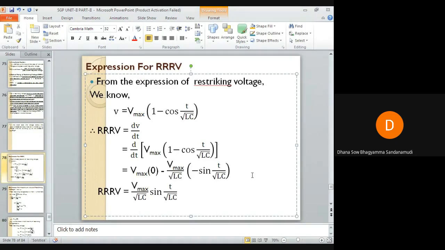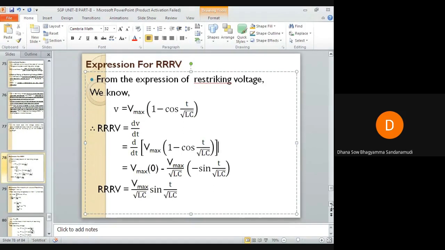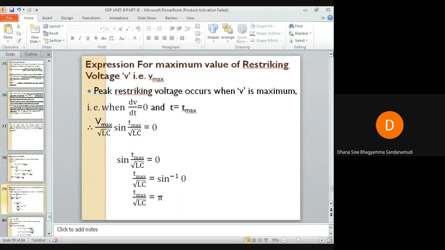If you complete, just type C. Okay, you have got an expression for rate of rise of restriking voltage.